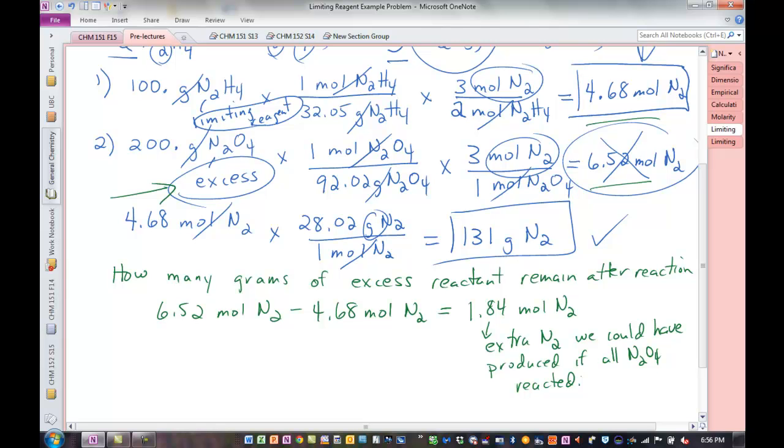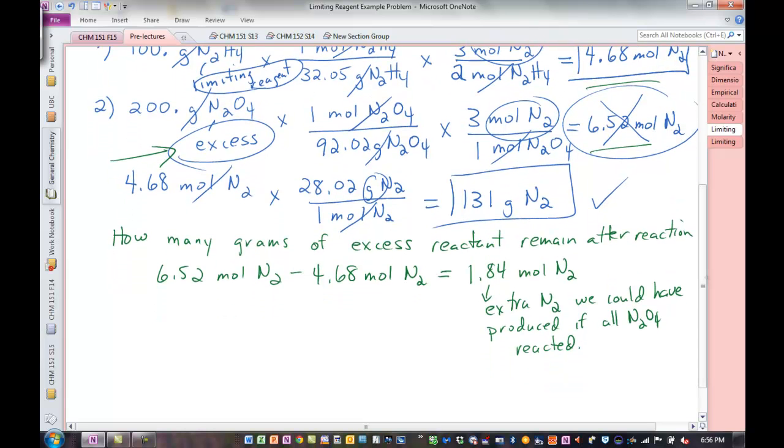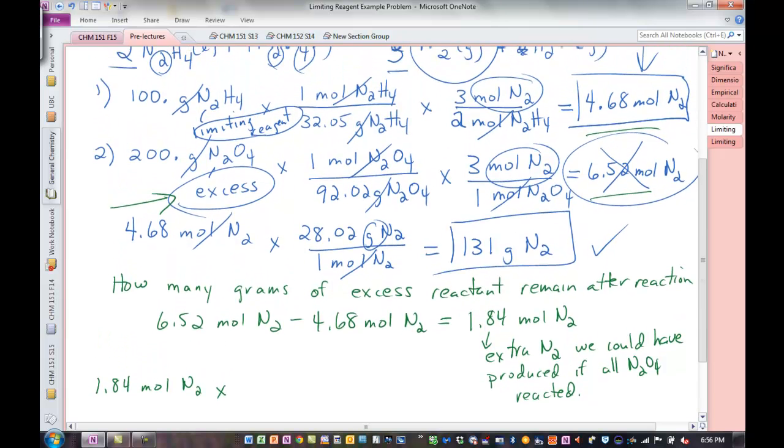We're then going to take that amount and work backwards to see how much N2O4 is in excess. And how are we going to go from N2 to N2O4? Yeah, we use the mole ratio from the problem. So we have 1.84 moles of N2. I've scrolled off the screen here, so let's scroll back up.